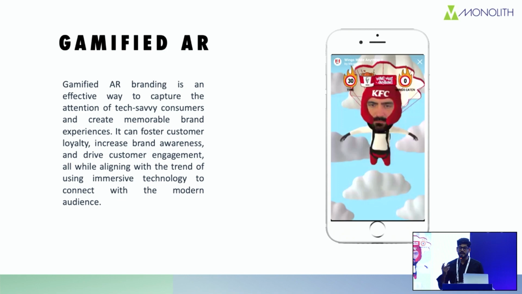Next is gamified AR. So this is the topmost used technique by the companies for doing AR campaigns. What they do is they have their brand converted into a game. Okay, so whatever may be the product, they create a simple game out of it, and release it as a Snapchat or Instagram filter, so that the user ultimately needs content to post on social media.